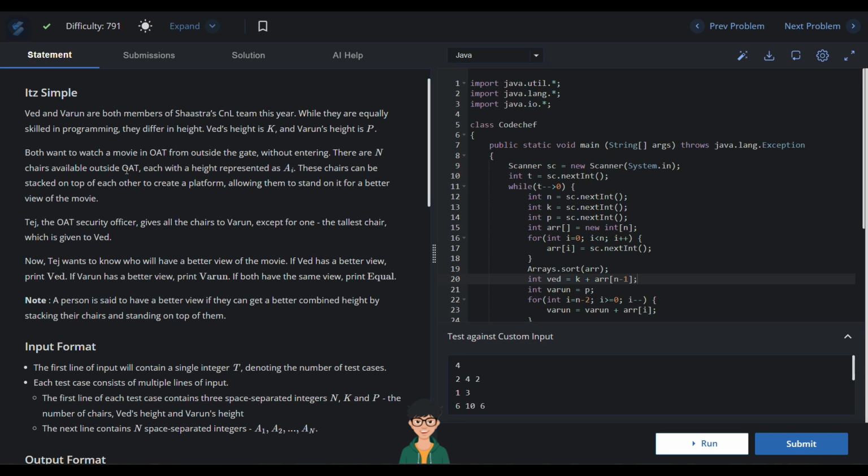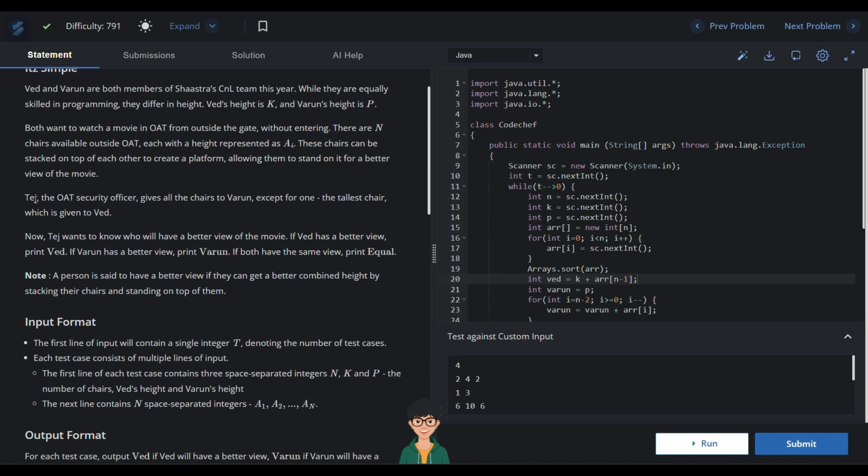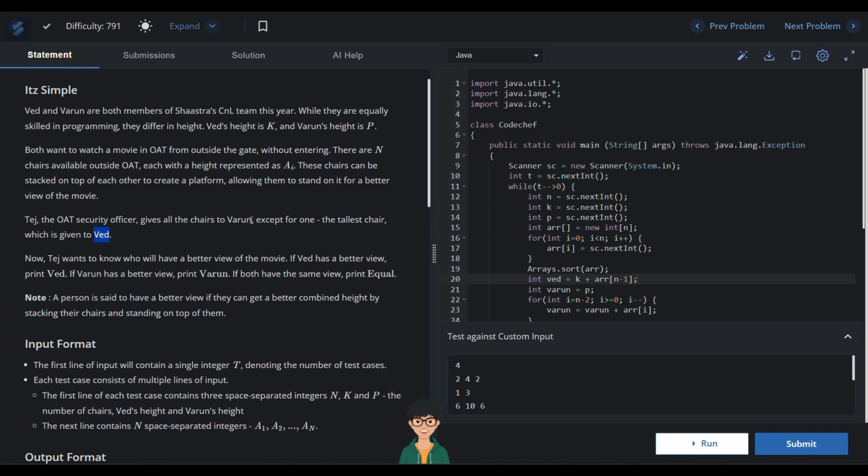But there is a condition: at the start, the security officer gives all chairs to Varun except one, which is the tallest chair, and he gives that to Ved. So Ved has one chair and Varun has all other chairs, but the chair which Ved has is the highest, the tallest.